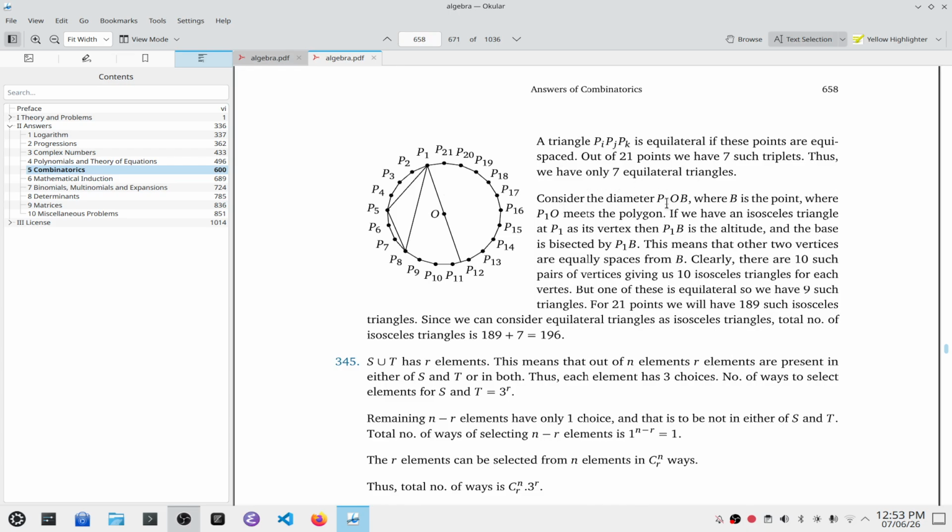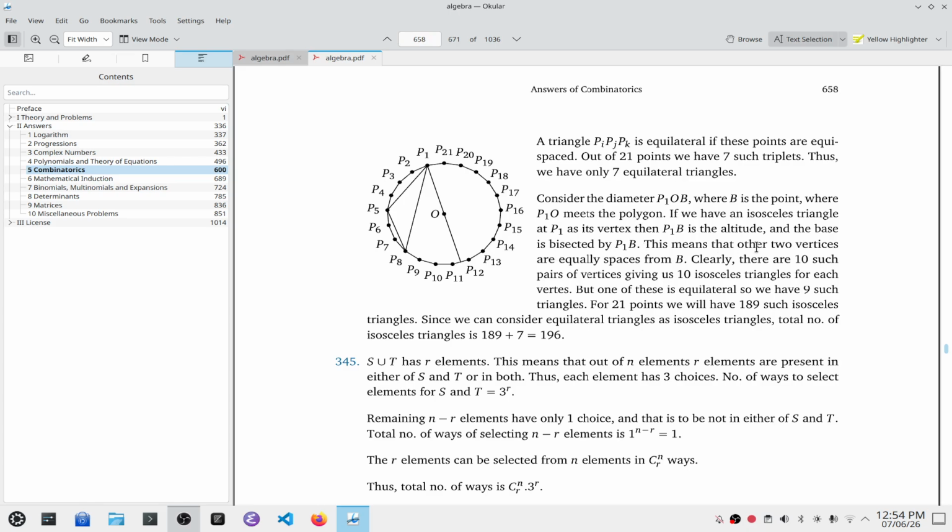Consider the diameter P1OB, where B is the point where P1O meets the polygon. If we have an isosceles triangle with P1 as its vertex, then P1B is the altitude and the base is bisected by P1B.